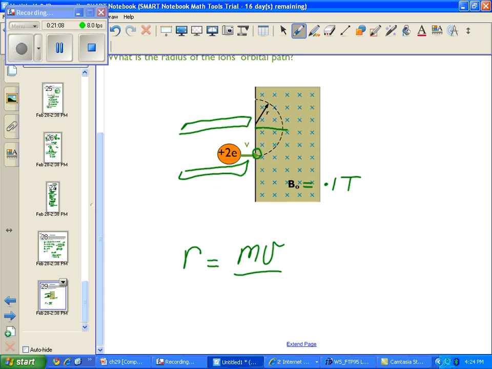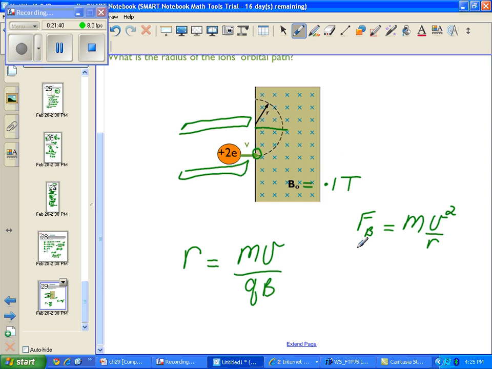Well, R equals mv over qB. And just a quick reminder, where did this expression come from that we keep using? Very simple, folks. The only force in this region is magnetic. So the magnetic force on a charge of mass m produces a centripetal acceleration of that charge, where r is that very radius.